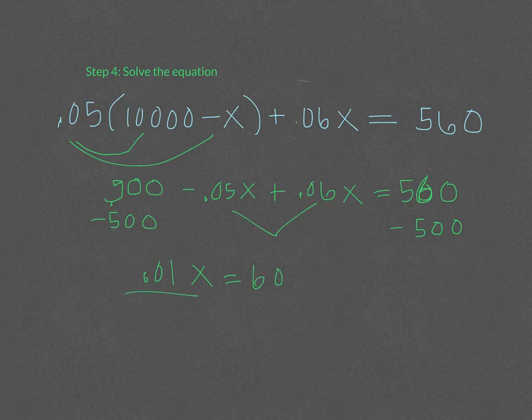So if I divide both sides by 0.01, or if you're really clever, you could just multiply both sides by 100, we get x equals 600, or 6,000, sorry. So in our account that represented the x, we have $6,000. Now, the last step will help us write out our answers. So let's take a look.